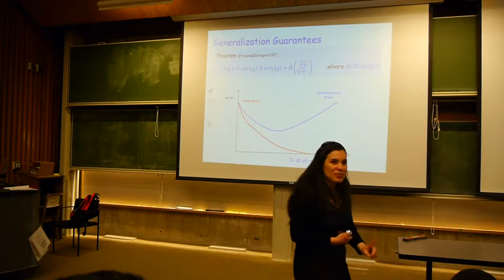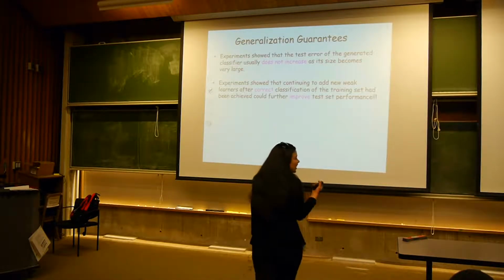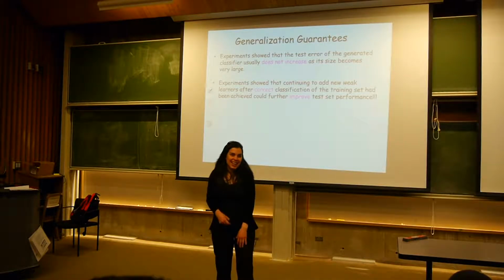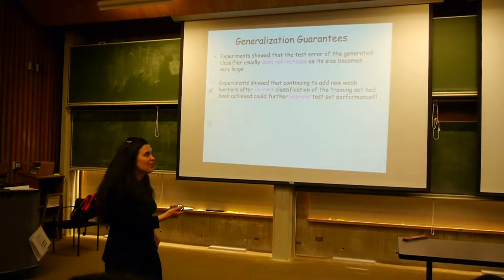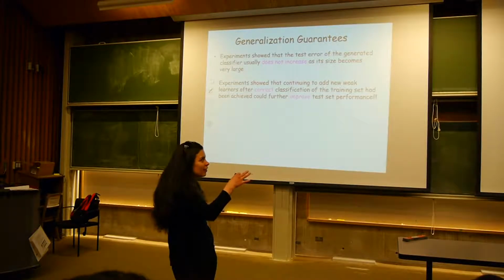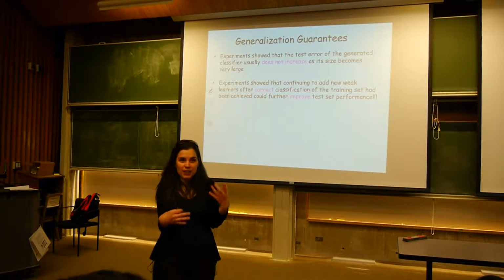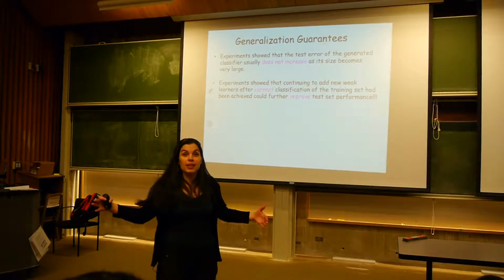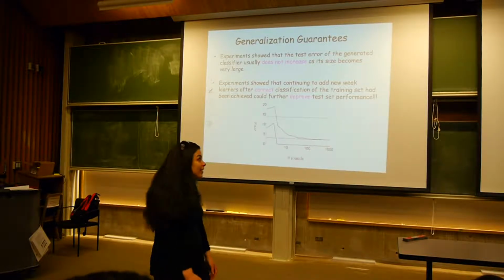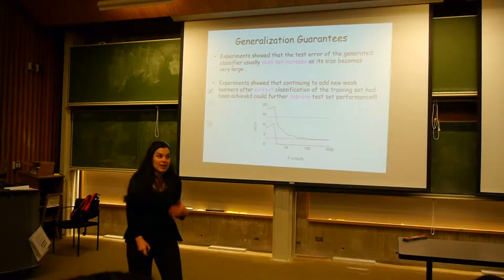But here is the cool fact. It turns out that this is what everyone expected, but experiments with boosting showed that the test error of the classifier output by AdaBoost somehow did not increase as the size of the classifier became very large. In fact, something very puzzling happened.